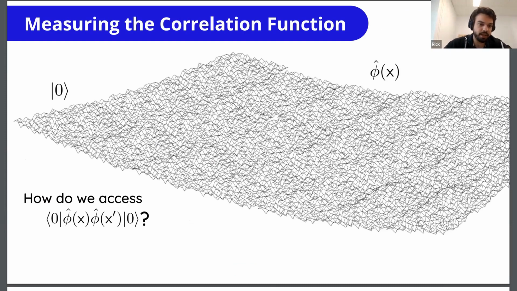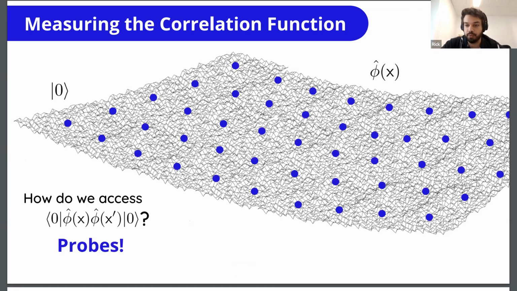And so how do we access the correlation function? The answer is essentially we need probes. We need some sort of localized systems that will couple to the field, extract information about the field, then manipulate this information somehow, and then infer the correlation function of the field.